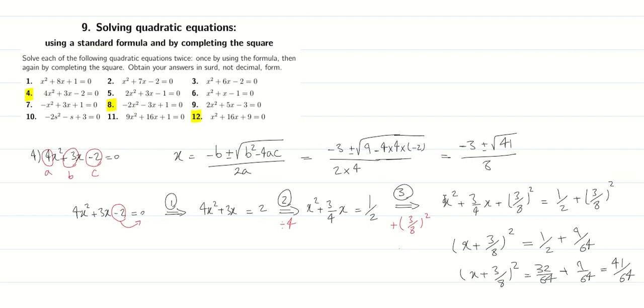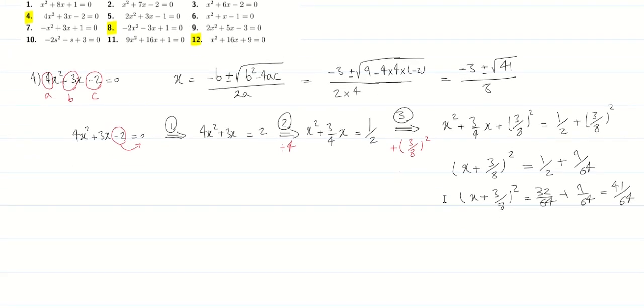Now what I have to do is take a square root of both sides of the equation in here. So the first one would be x plus 3 over 8. And on the right hand side, we would have plus minus the square root of 41 over 8.